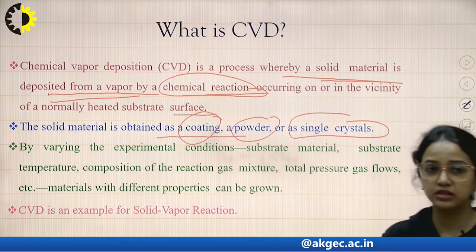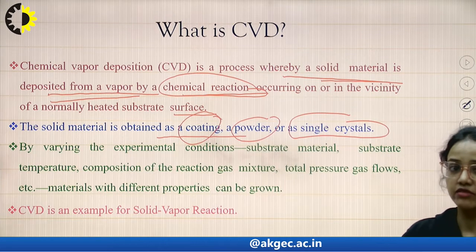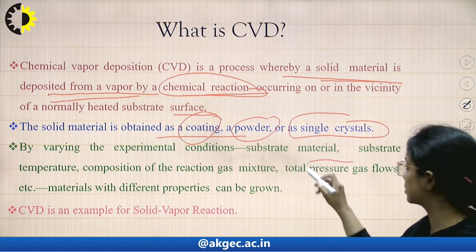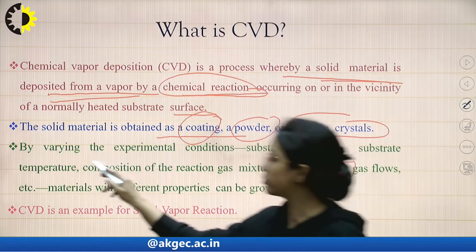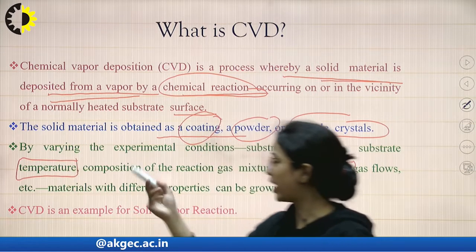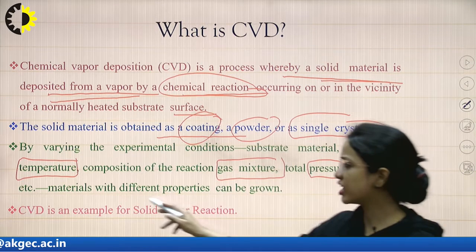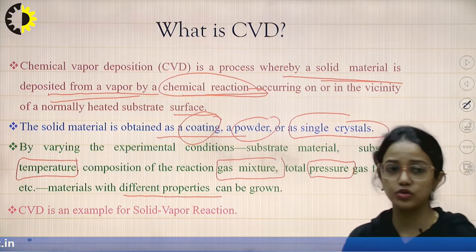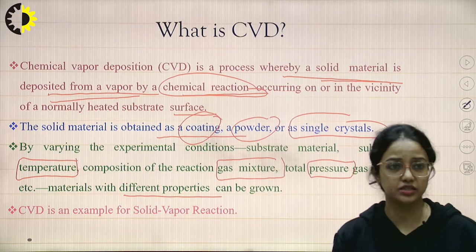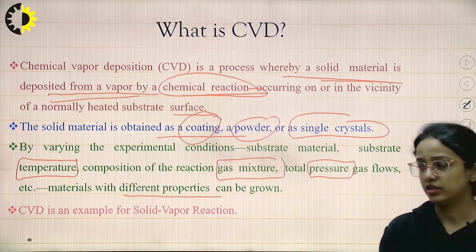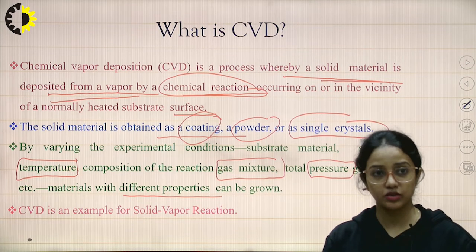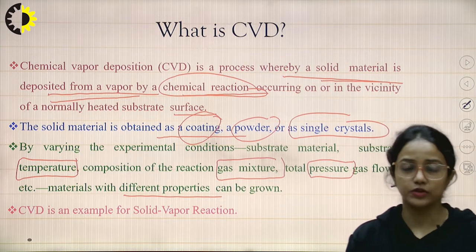What can be the experimental conditions? We can increase the pressure, we can increase the temperature, we can add some catalyst, a new gaseous mixture, or we can change any property. Using these conditions, we can achieve the formation of the particular metal which we want to deposit.